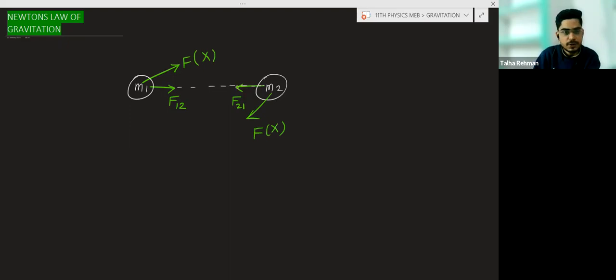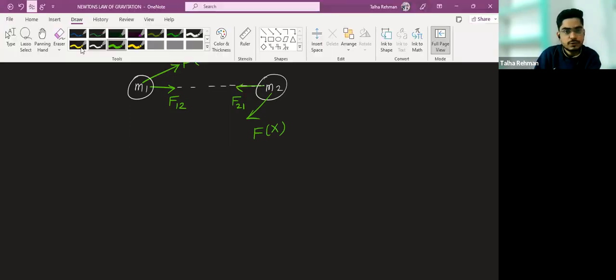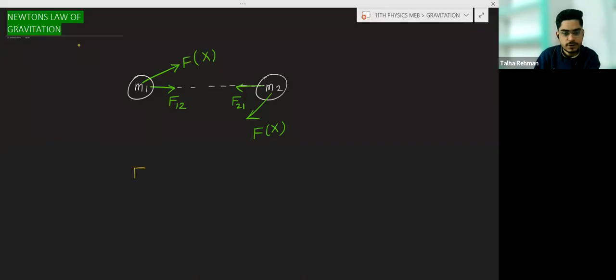So the expression for the force is given by F is equal to G m1 m2 divided by R square, where R is the distance between the two masses.